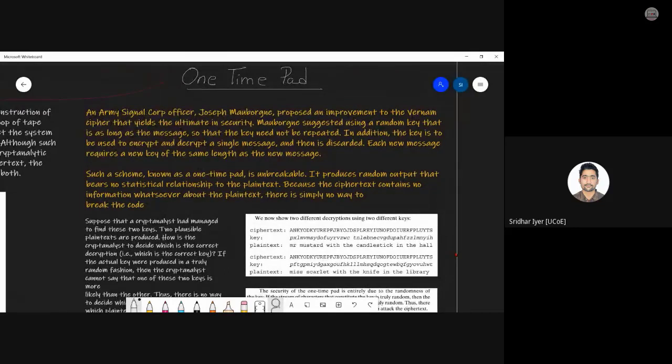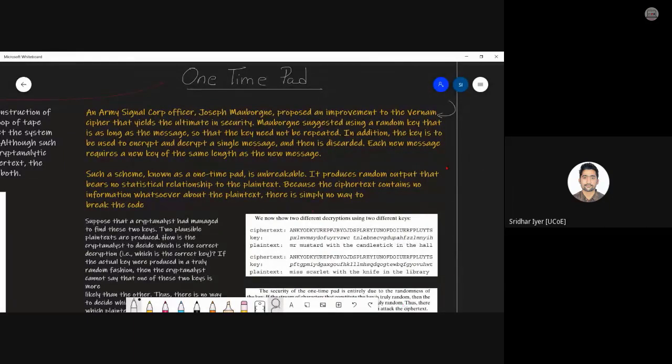What this particular inventor, Joseph Mauborgne, did is use a totally random key, which was discarded after the plain text is encrypted.